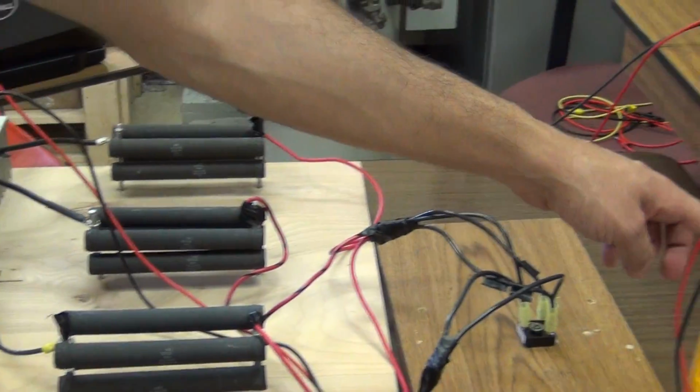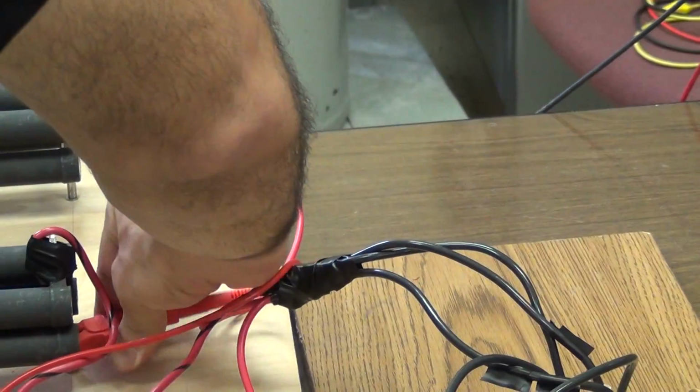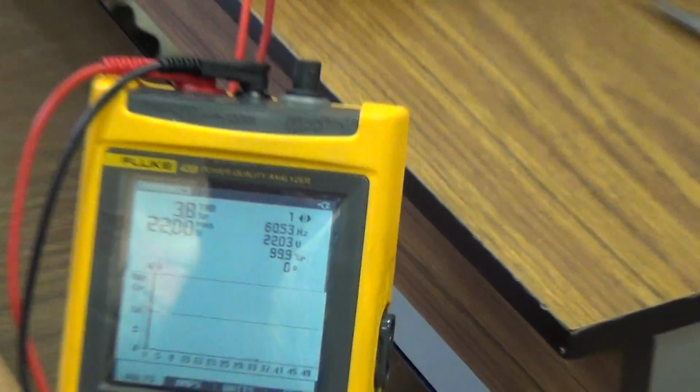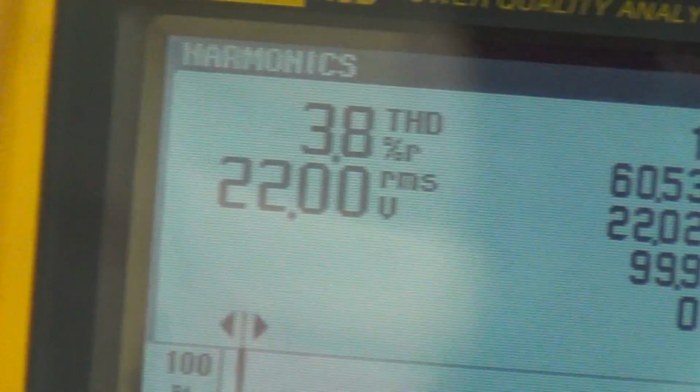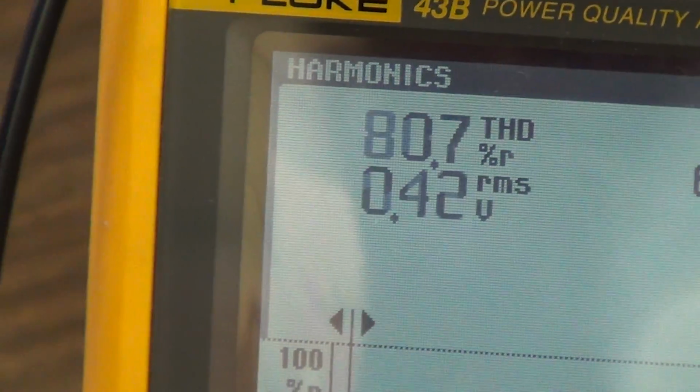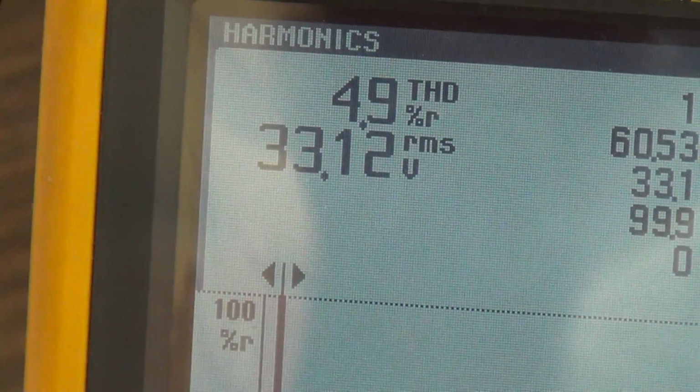This is the RMS line-to-line voltage. If we want to measure the phase THD, it's also very low. This is the phase, not the line, because at the beginning we had the line voltage.